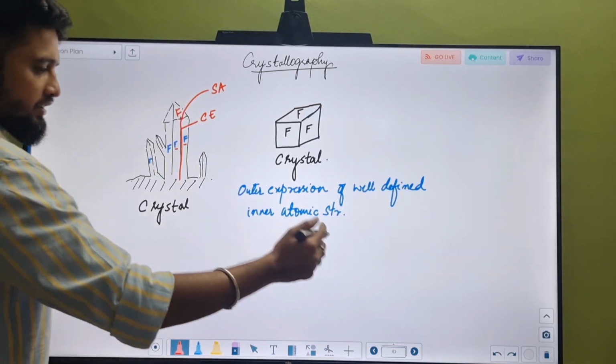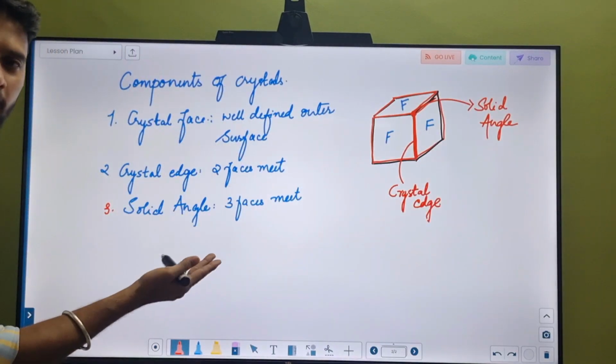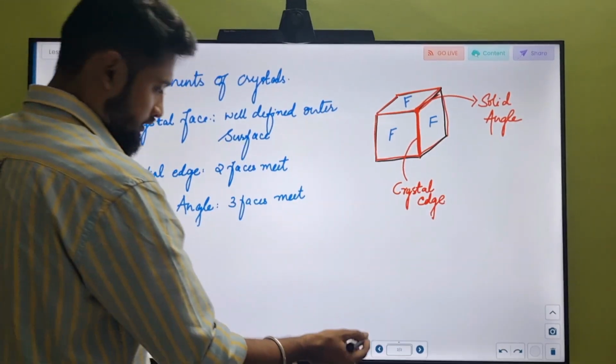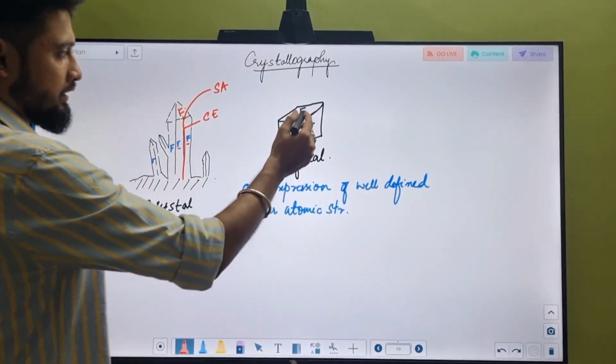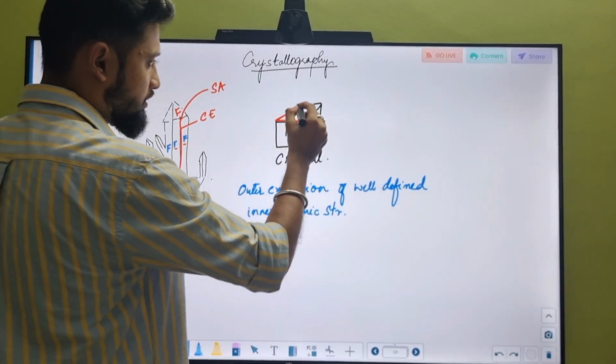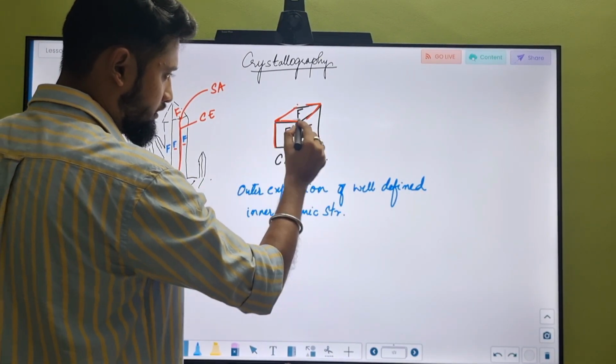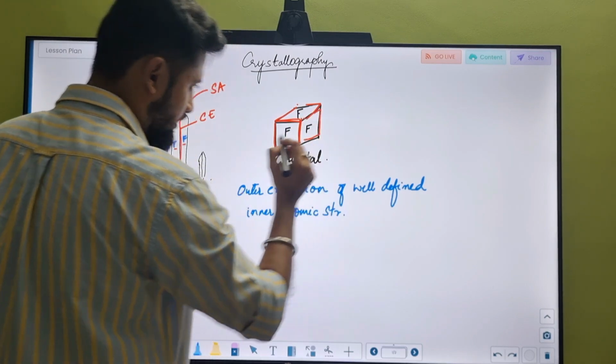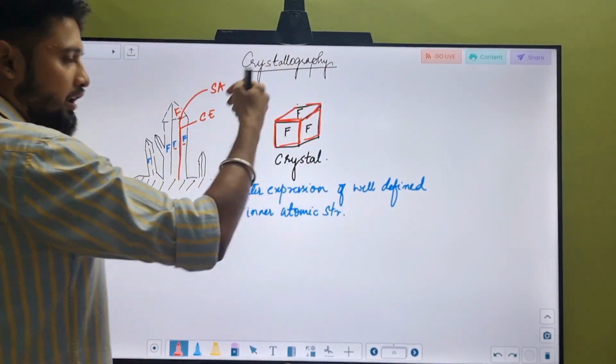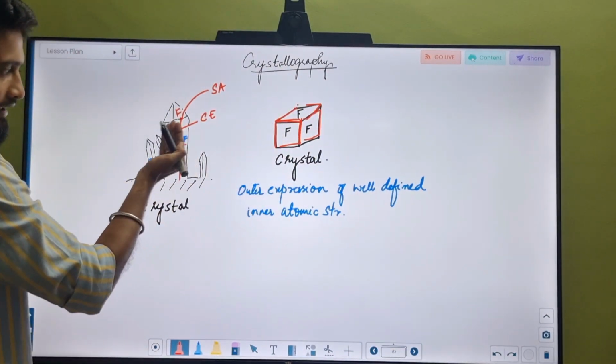Clear about what is crystal and the components of crystal? There are faces here. Yes, there is a face here, and there is a face here. There will be a face below, beside this, and here you can see there are many faces.